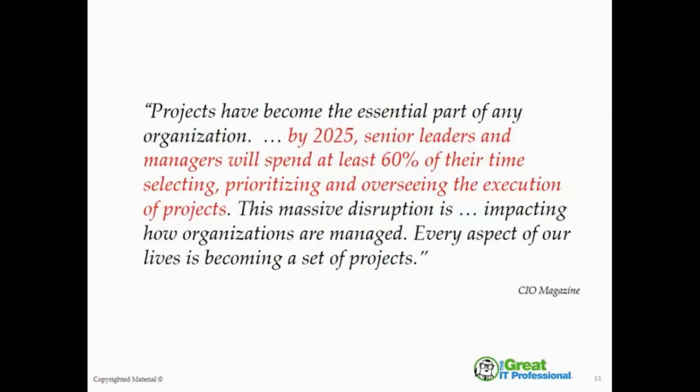It's no longer enough to simply presume that as a sponsor, you simply sit in a couple of status meetings and write checks and sign checks. The role of the sponsor is much, much more involved than that. And as we'll see in a second, perhaps the most important element in project success.